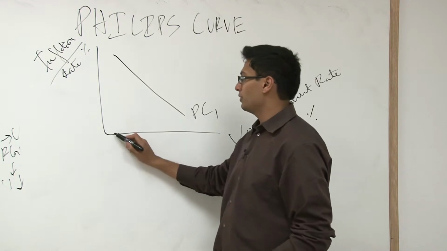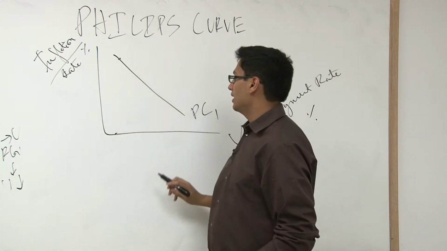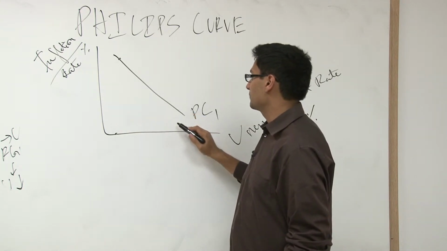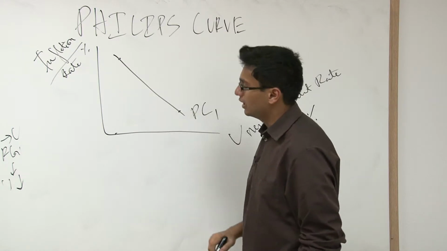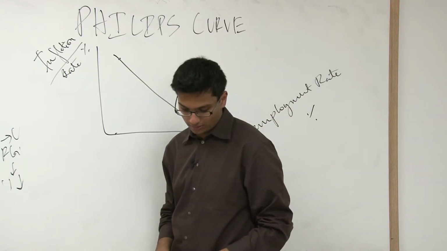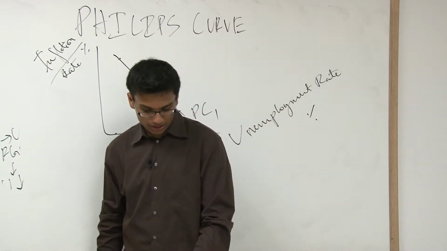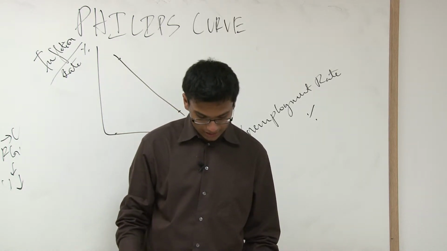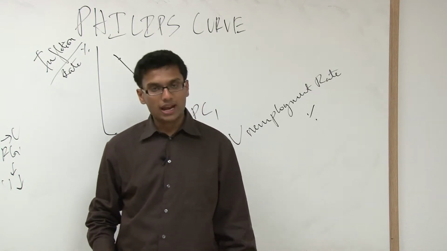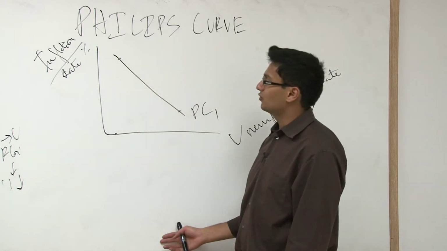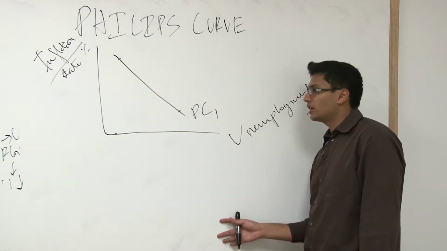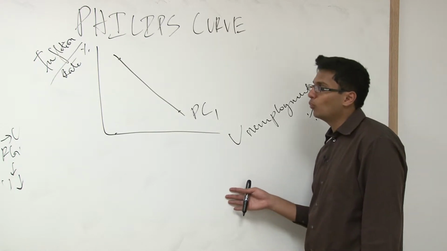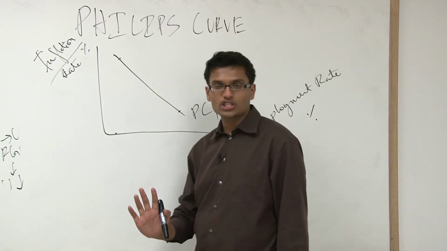The Phillips curve examines the inverse relationship between inflation and unemployment. At low unemployment rates, inflation is high. At high unemployment rates, inflation is low. So how does that work? Well, we can think about it in a couple different ways, but understand that as inflation is rising, generally speaking, things are doing well because we are moving the RGDP to the right.